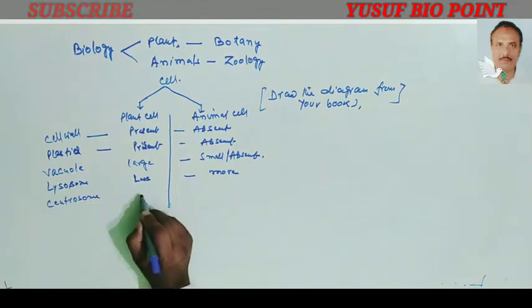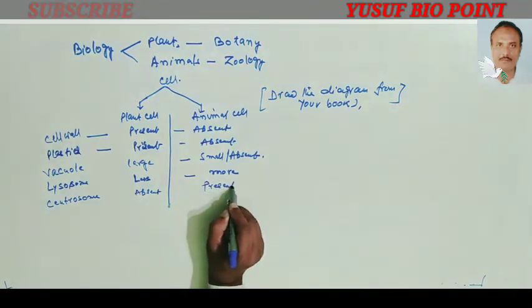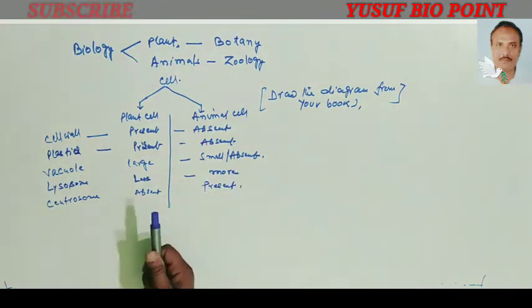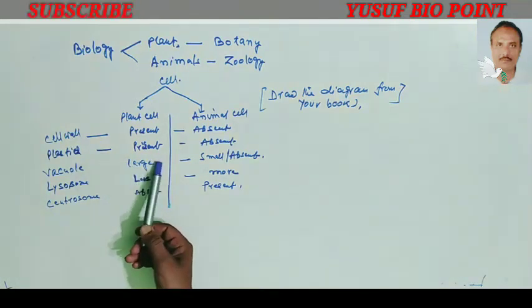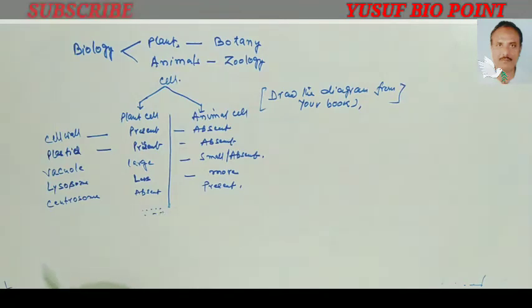Centrosome is absent in plants and present in animals. So these are the differences between the plant cell and animal cell, and other differences you may see from your books.